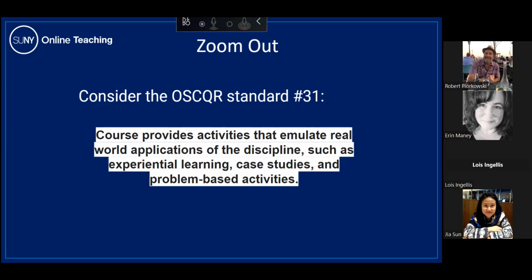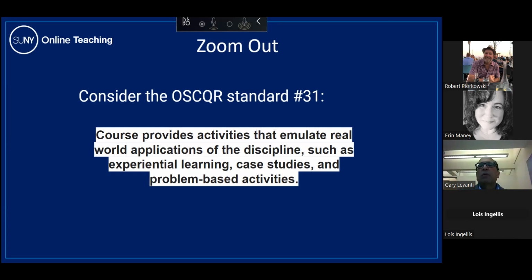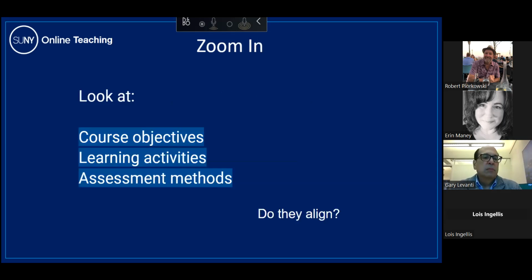So if you start this conversation with faculty, if you're an instructional designer, or with yourself looking at your own course, this gets to the point of authenticity. Are my students engaged in activities that are really aiming at the real world applications of the discipline? And so how do you do that in a course?